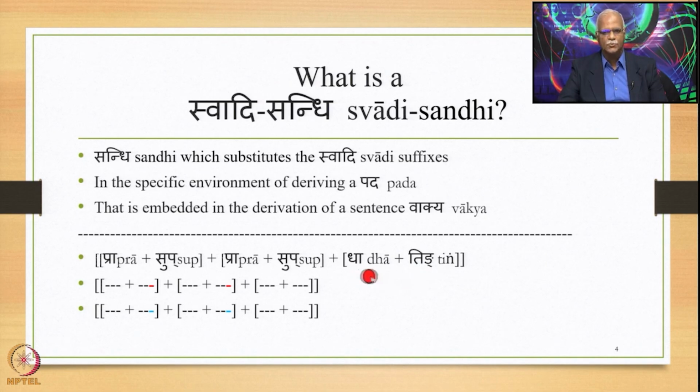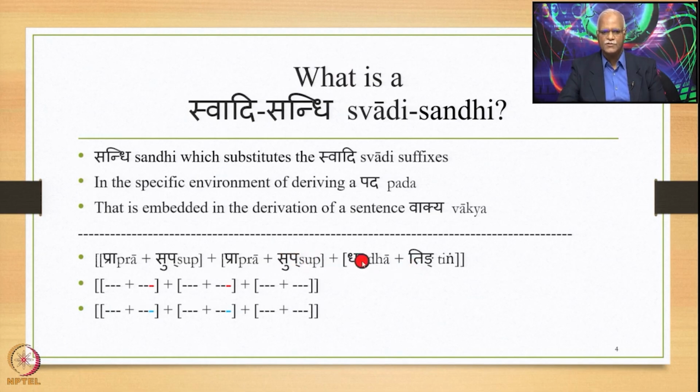So this is dhatu plus ting, this is one pada, and the remaining padas will contain sup as the pratyaya. So there are these two sups, and the prakriti for sup is a pratipadika. So therefore we have pratipadika plus sup, one pada, pratipadika plus sup, second pada, and dhatu plus ting as the third pada, making this one complete sentence.